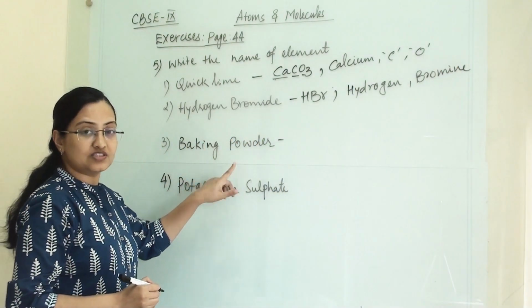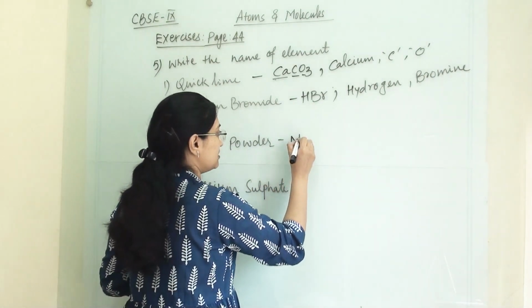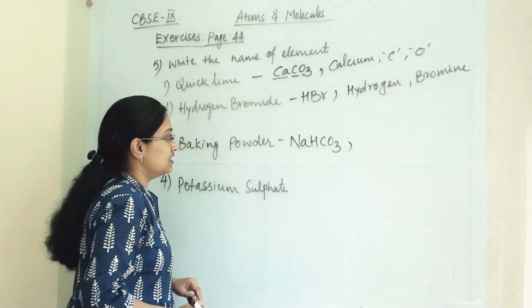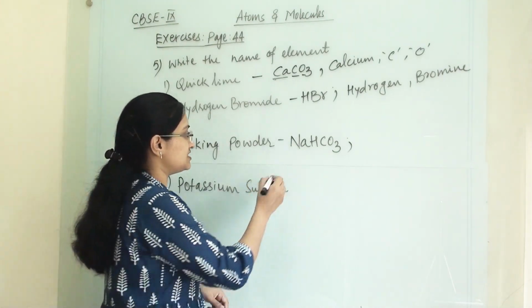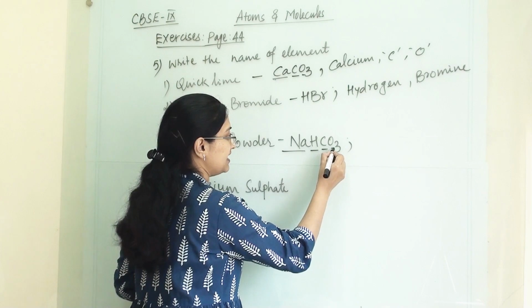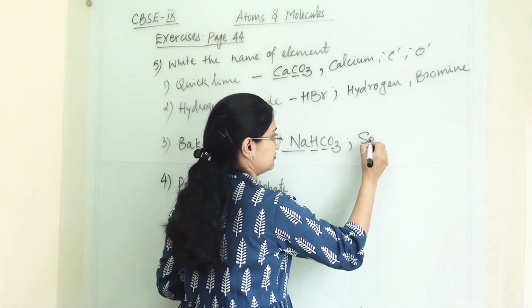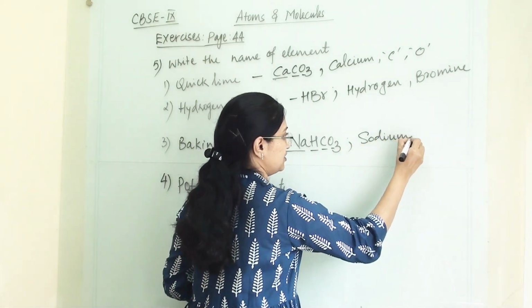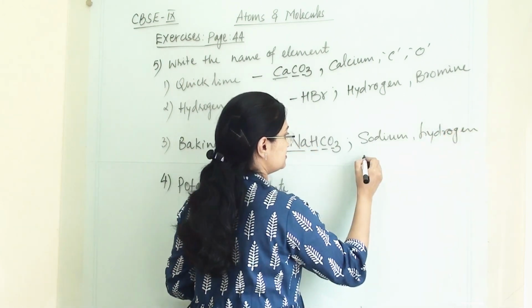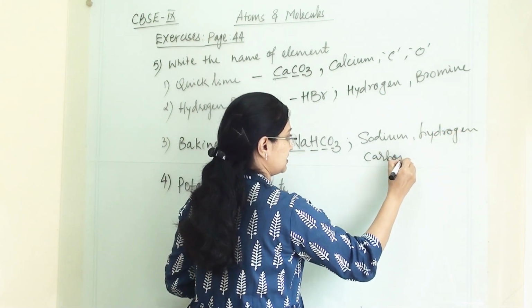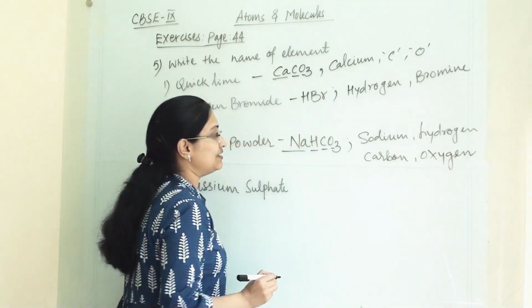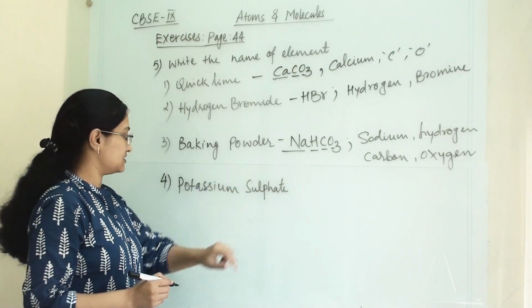Baking soda. What is its molecular formula? NaHCO3. Now how many elements are present in this? Sodium, hydrogen, carbon and oxygen. So these 4 elements are present in this.